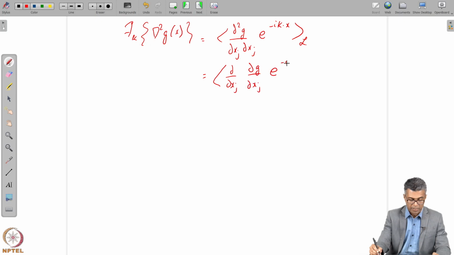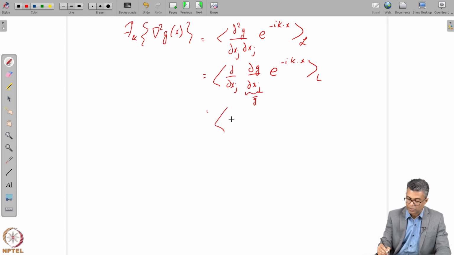E to the minus i kappa dot x, and then the volume average over L. So here, let's say I write this as g bar, so that I have the notation accordingly.